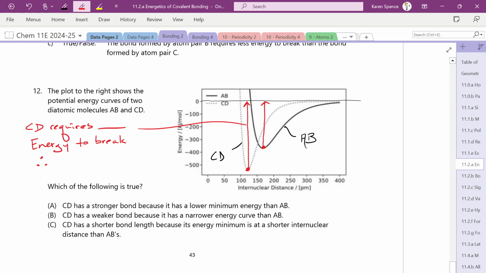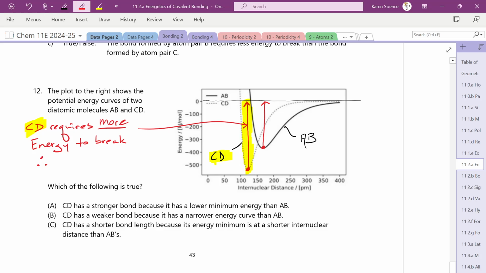So CD, are we going to require more or less energy to break? More. Okay, that's this one here. CD requires more energy to break. That line there gives us our bond energy.